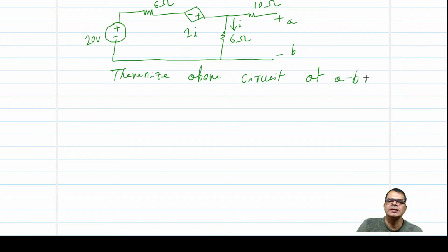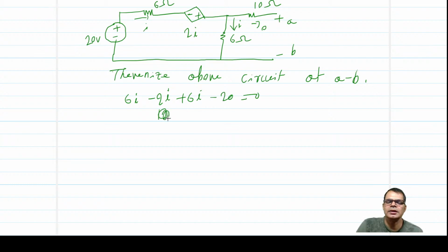So first is the straightforward, that is the VTH, because no current flows through the 0 ampere. So apply a KVL around this loop, because this current will flow, this is also I. So apply the KVL around the loop. So 6I minus 2I plus 6I minus 20 equal to 0.